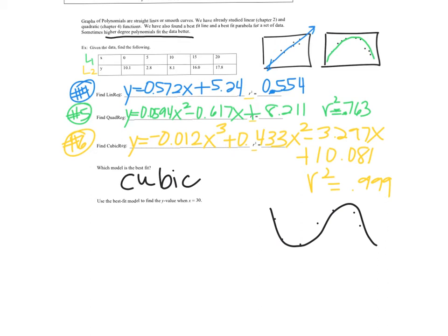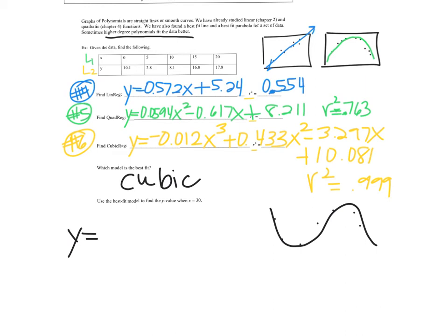Now, using the best fit model, so don't use all of them, but use the one that's the best, we're going to find out what y is when x is 30. So yep, we're going to plug it in. Okay? So y equals... plug it in. So we're going to go negative 0.012 times 30 to the 3rd power.